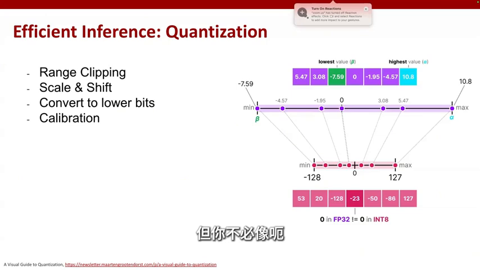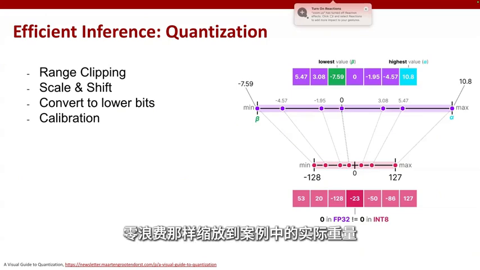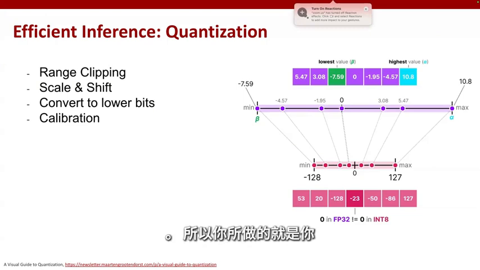But you don't have to map the zero weights to zero in the int8 case. You can actually scale and shift the weights to another centroid.